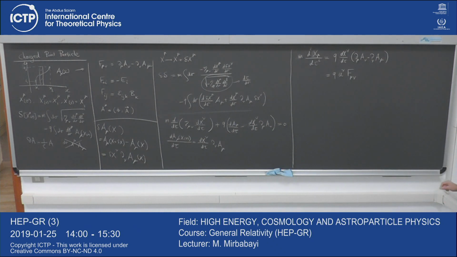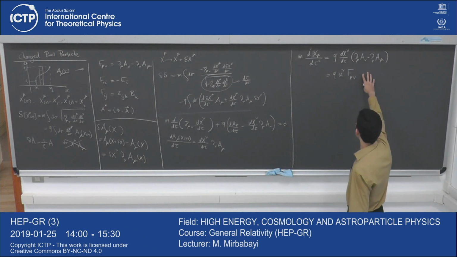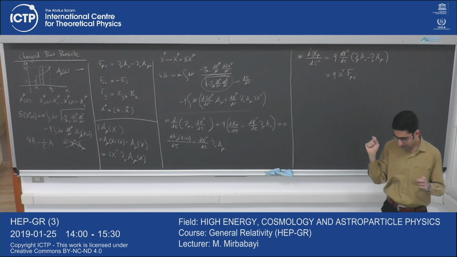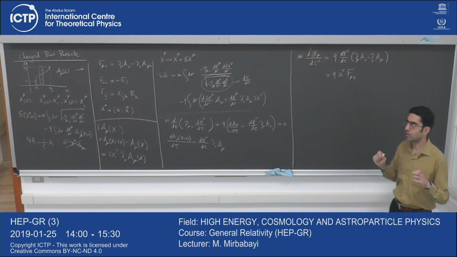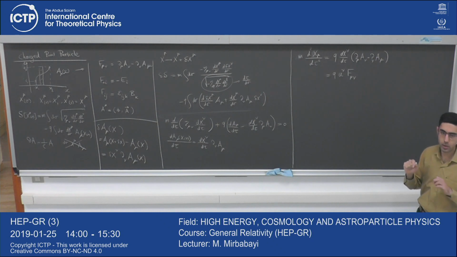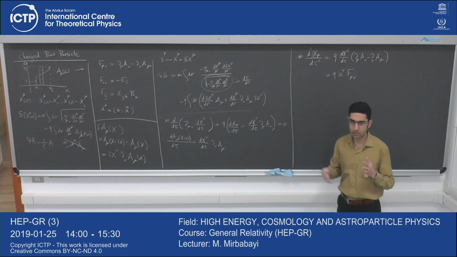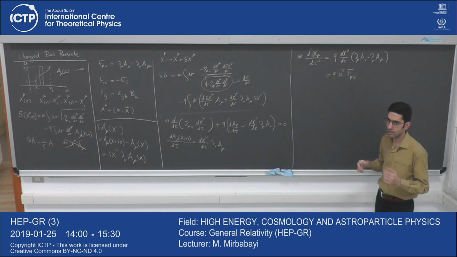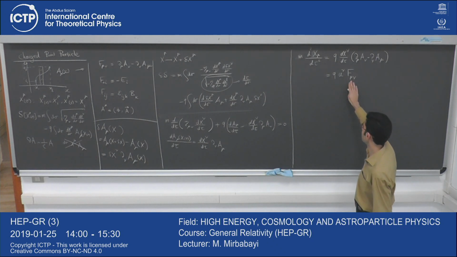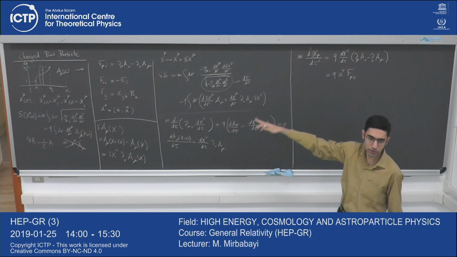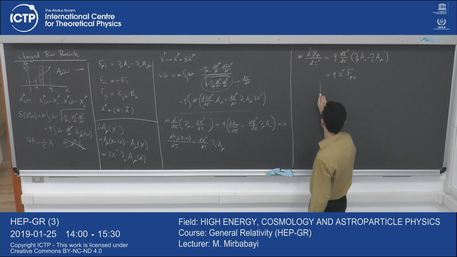No. So this equation can be written in a more familiar way if we go to a small velocity, then perhaps it looks more familiar. It turns into the Lorentz force that we write, if we use the relation between F mu nu and the electric and magnetic field.